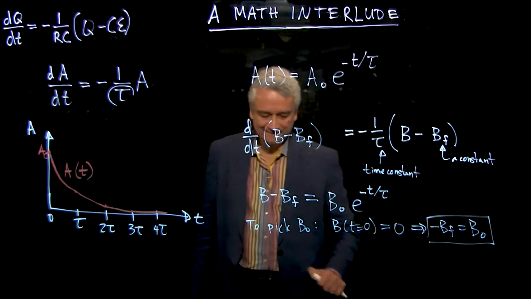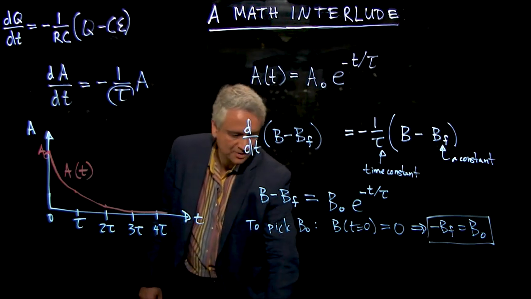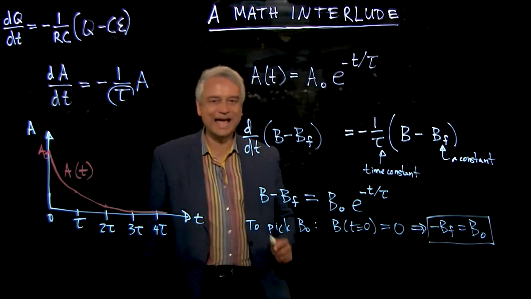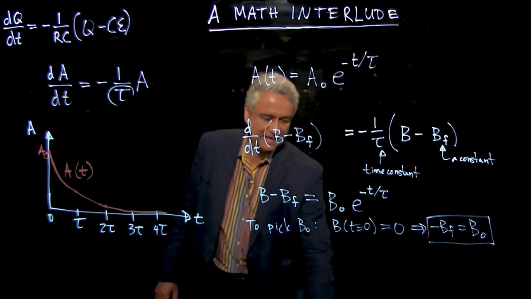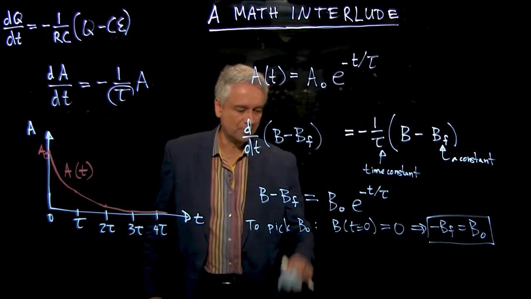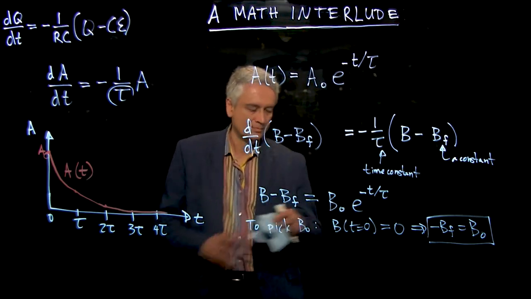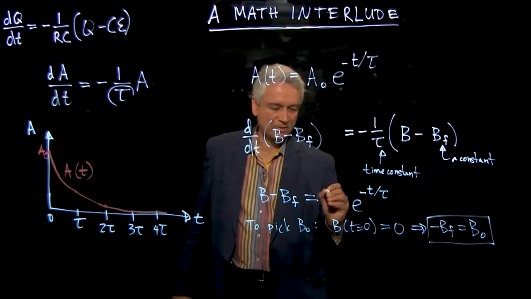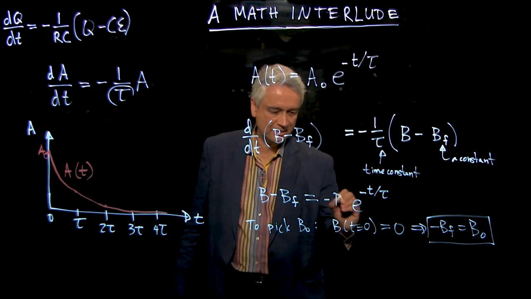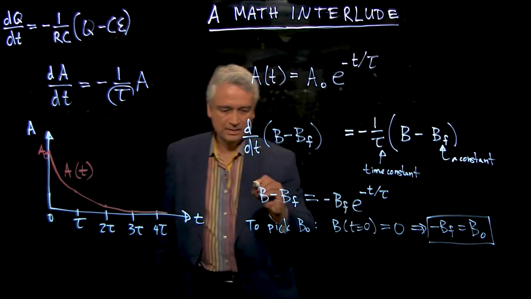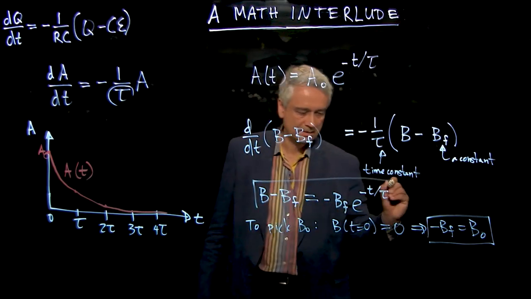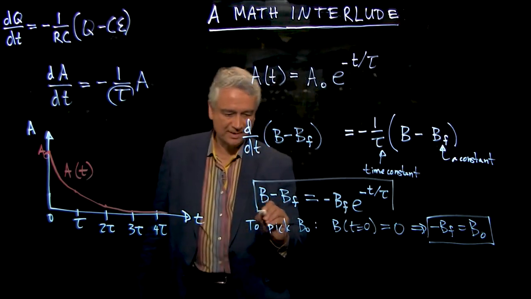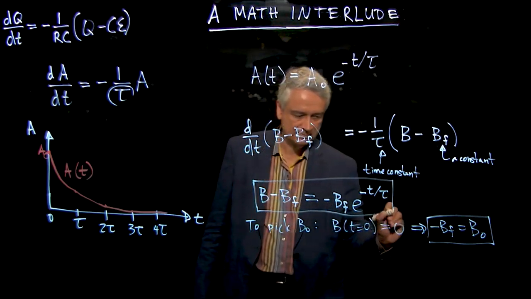And so the solution to my math equation is B minus Bf equal to this solution where I replace B naught with minus Bf. And here ends the math part of the math interlude, but now I need to connect back to the physics.